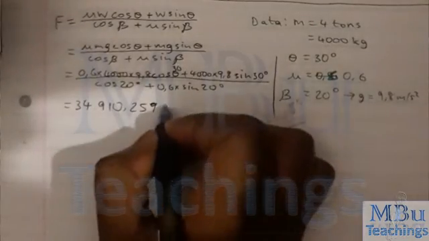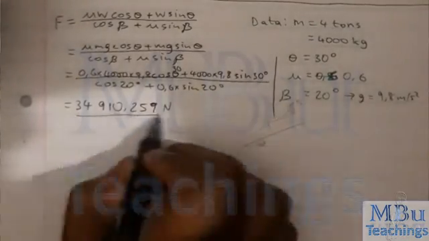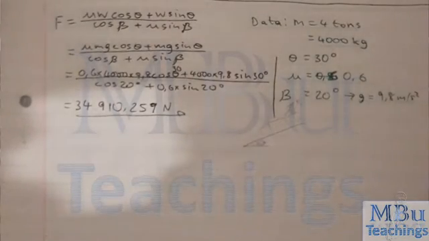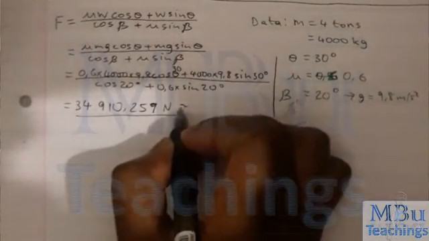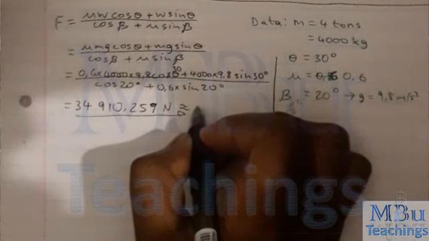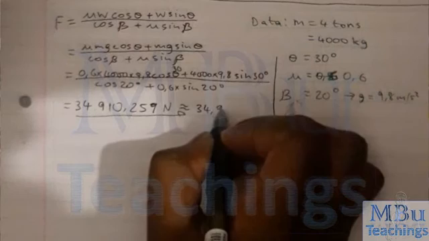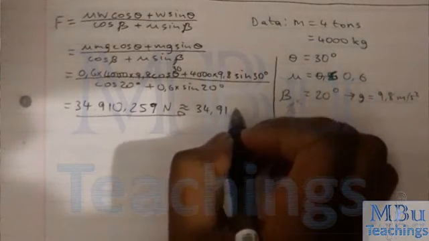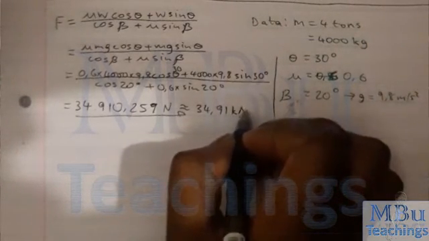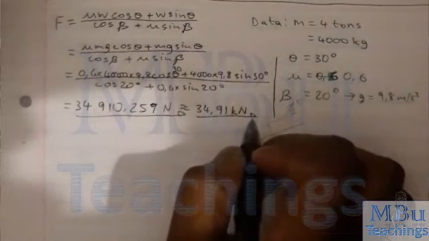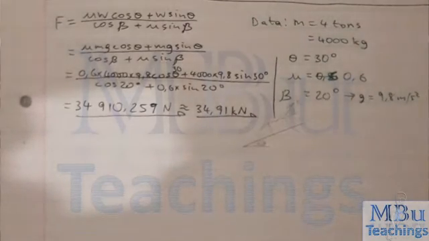This is a force, so it is in newtons, but the same force you can rewrite as kilonewtons. It's equivalent to 34.91 kilonewtons. So this will be the force that is required to pull that mass.